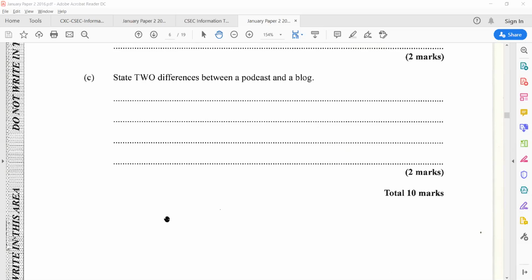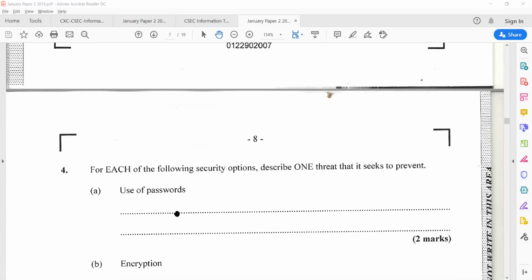Podcast is audio. The first thing in answering this question is to understand the difference between the 2. A podcast is an audio broadcast using the internet, and it can be played back on a device, like an iPhone or iPod. The blog is a diary maintained by the author on the World Wide Web, and it allows people to comment on the post. So that could be 2 differences between them.